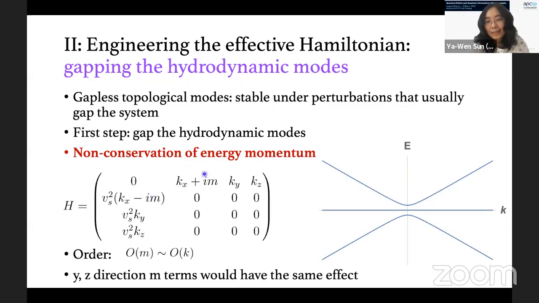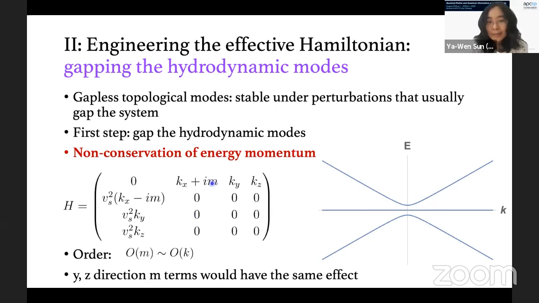So we found that if we add two terms here, they will play the role of a mass. If we modify the effective Hamiltonian in this way, with these two extra terms, the final spectrum will look like this. And it's gapped. We can see that these two sound modes are gapped, but the diffusive modes do not change.